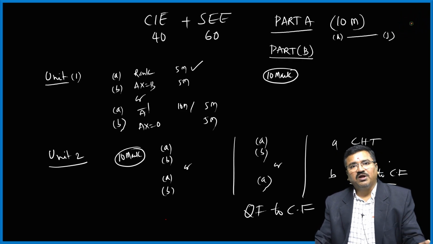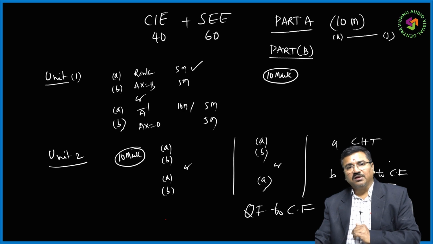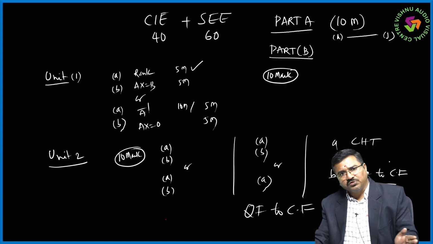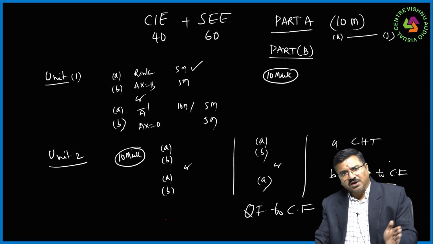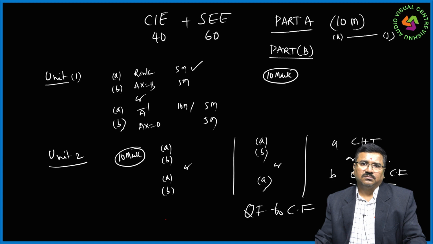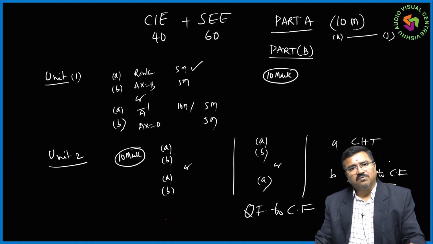Most of the students fail in finding the eigenvectors, and some students get wrong eigenvalues. Even if you get one eigenvalue wrong and proceed further, everything will be wrong. Depending on the evaluator, they will allot 60% or 40% of the marks.